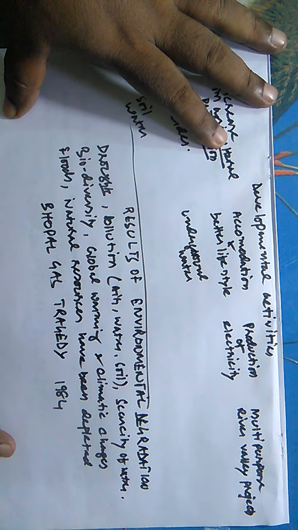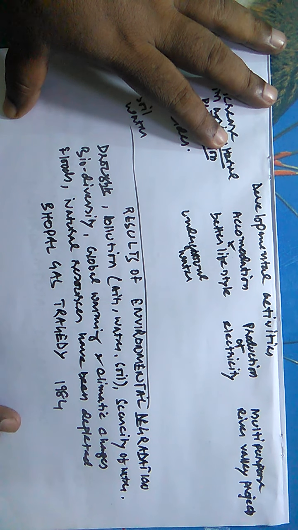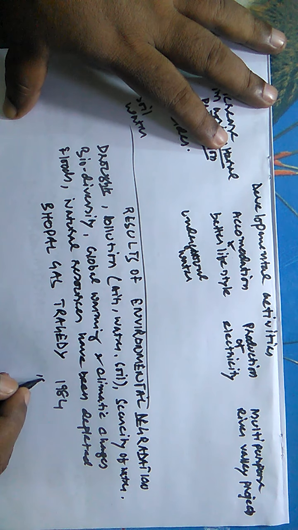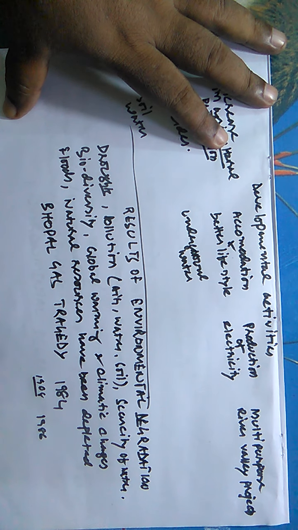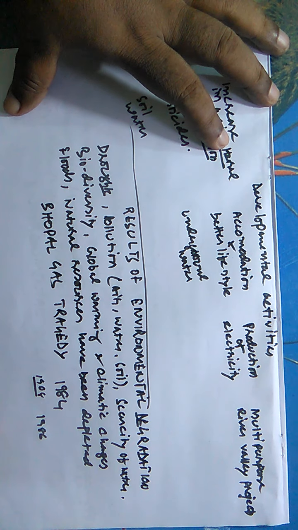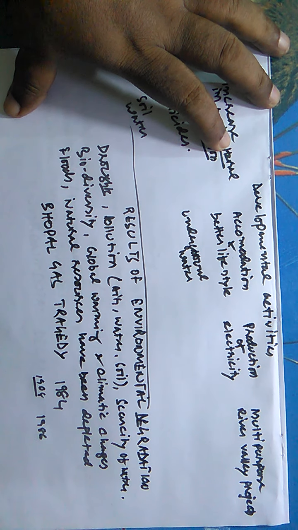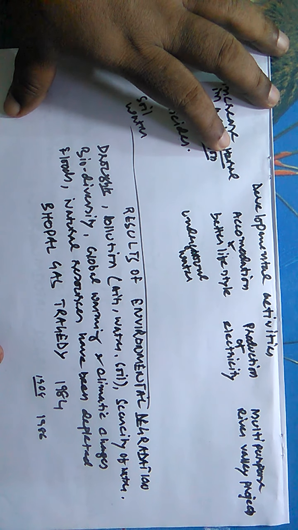Along with that, there are some other nuclear disasters. One is the Chernobyl disaster, which took place in 1986. It took place in 1986. Actually, at that point of time, Ukraine, the country today, was part of the USSR, but is now an independent country.